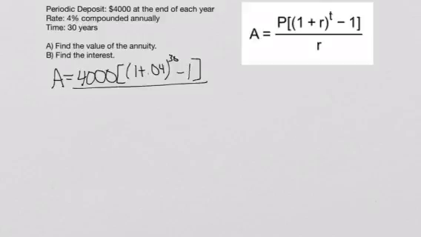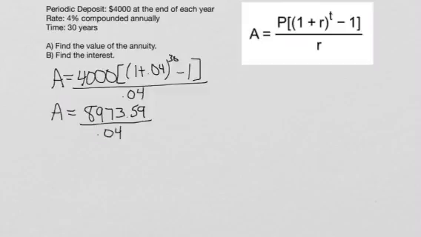everything divided by 0.04. Alright, so the first thing I'm going to do is I'm just going to calculate this top part up, and when I do that, I get 8,973.59, a little bit around in there, and that's still divided by 0.04.